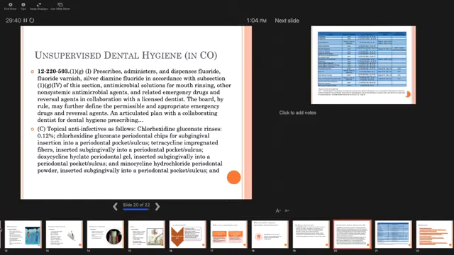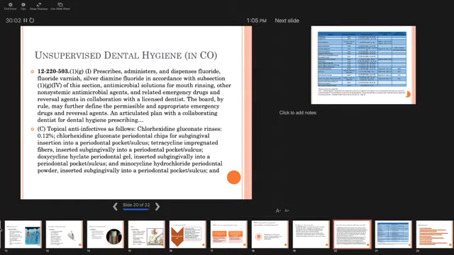And in Colorado, there are lots of things that we can do unsupervised, but there are often rules and regulations and requirements in place for certain things if we are practicing unsupervised. And prescriptions are one of those. And localized antimicrobials fall under that. We call it prescriptive authority in Colorado.